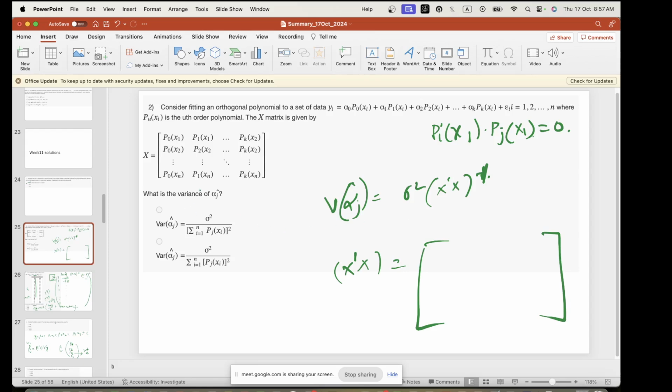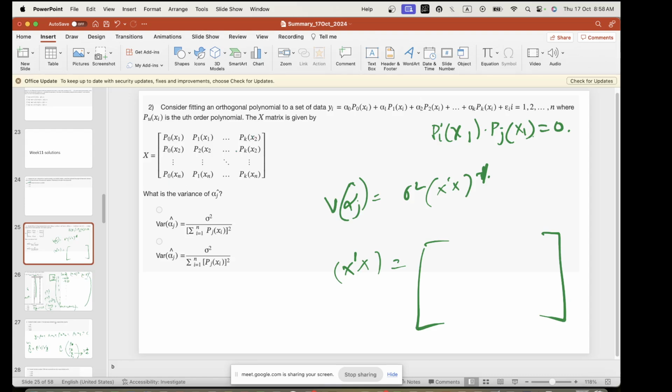So this transpose this would be p naught transpose x1, or p0 x1 into p0 x1 plus p1 x1 into p0 x2, and so on.